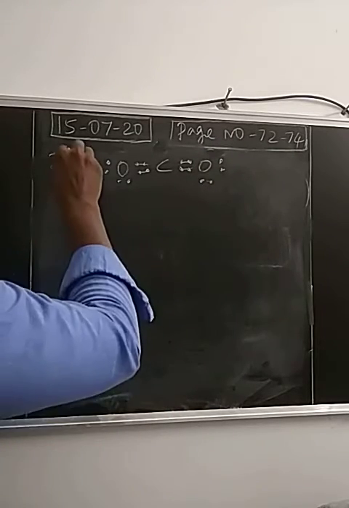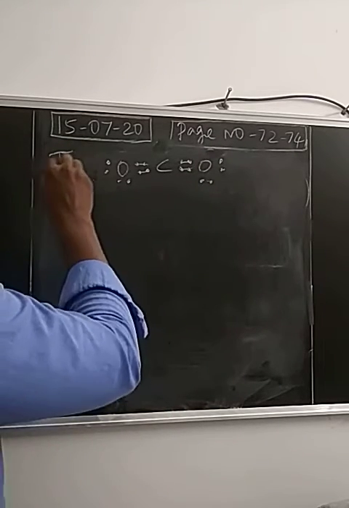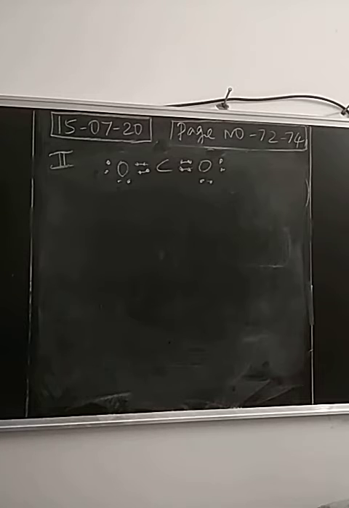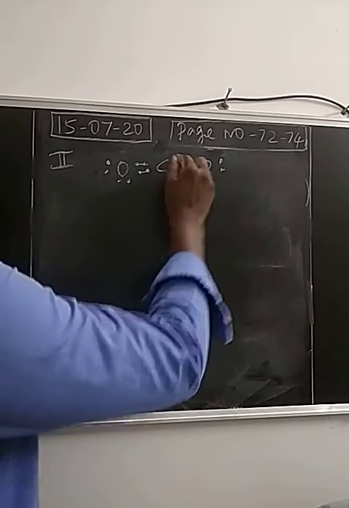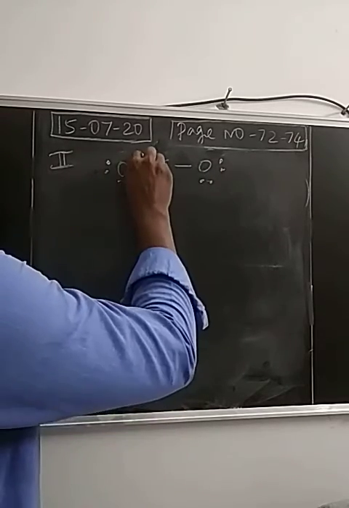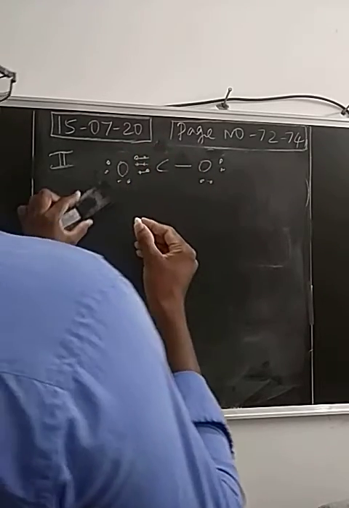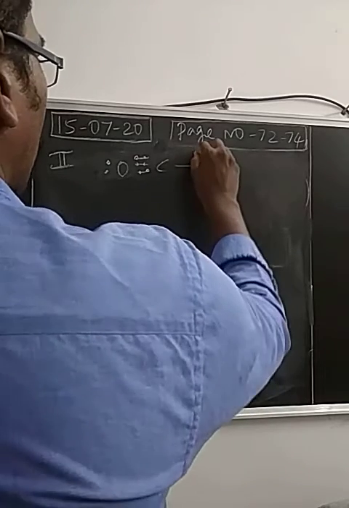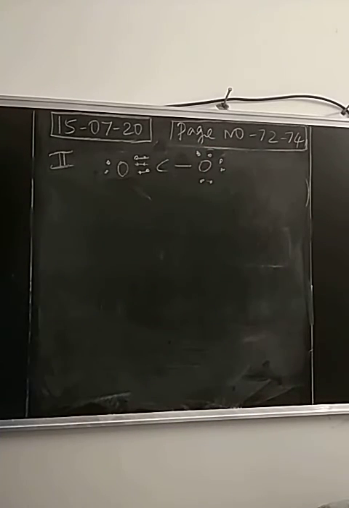Next, take the second possible Lewis dot structure. So we have one more possibility. So this is the second possible Lewis dot structure for the molecule carbon dioxide.